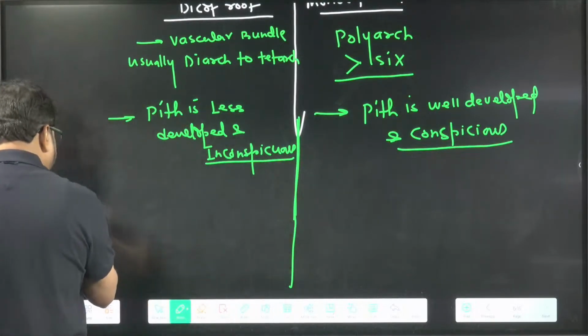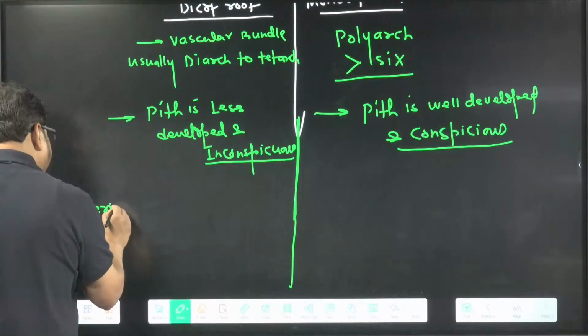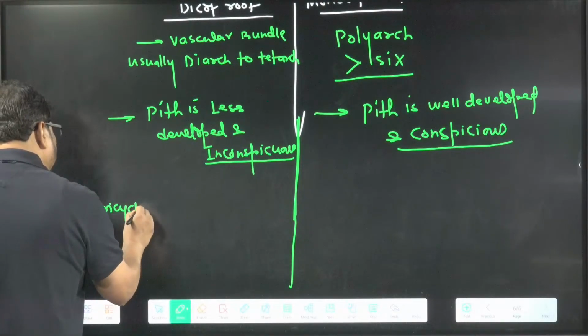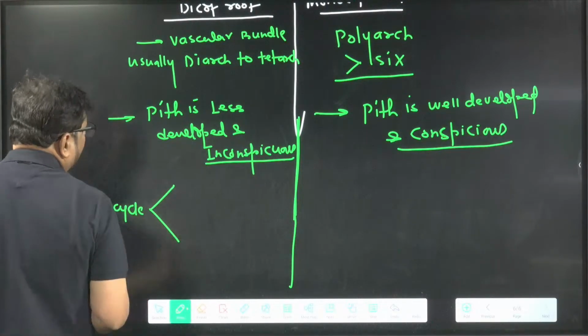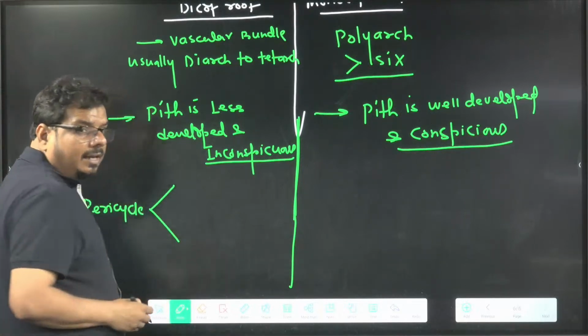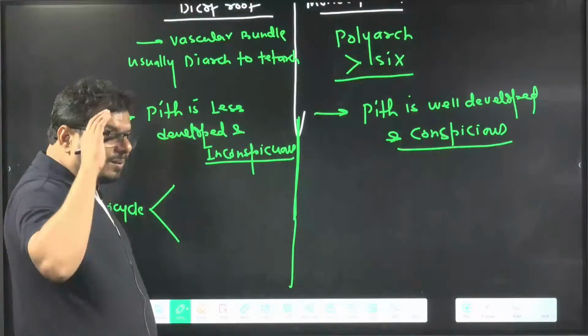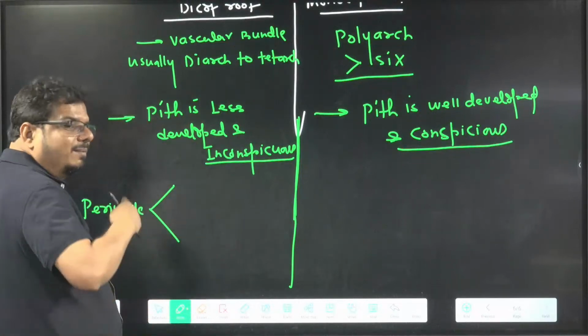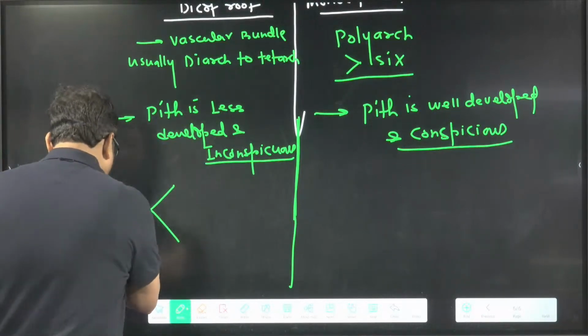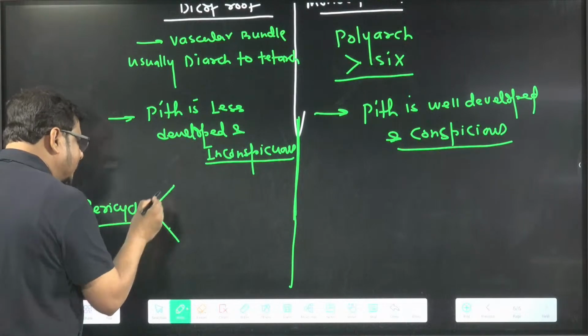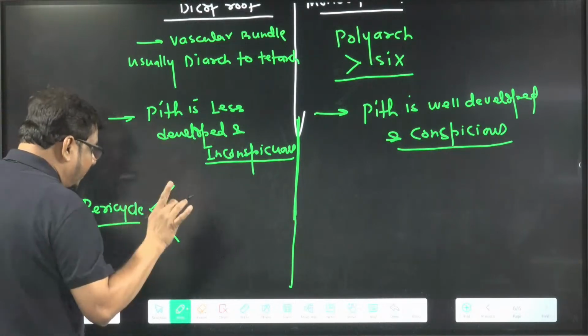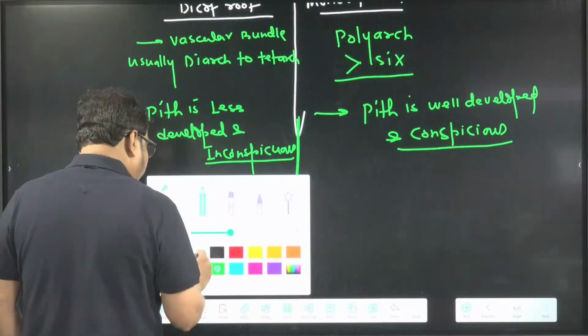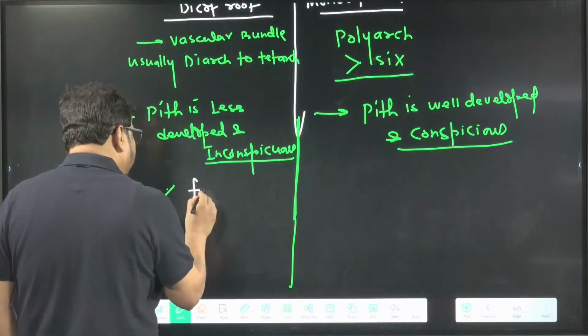Later I am writing pericycle. Pericycle has two roles in dicot root. Now I am saying root very consciously, otherwise the brain will think of a stem. So pericycle has two functions in dicot root. Function number one is the formation of lateral root.